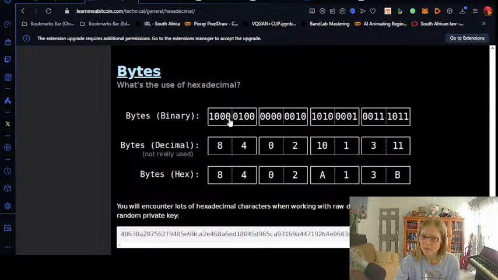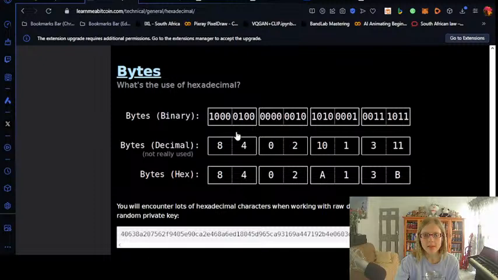So remember, we don't calculate the zeros. The 1 would be 2 to the power of, and then we just count the placeholders here. So it's 3, right? That gives us 8. Same thing here. 0, 1, 0, 0. We don't count the zeros. It would be 2 to the power of 2, which is 4. Here, it stays the same. Remember, it keeps going up until 9, and only then do we change to letters. For example, here the 10 becomes an A. It doesn't stay as 10 for hexadecimal.